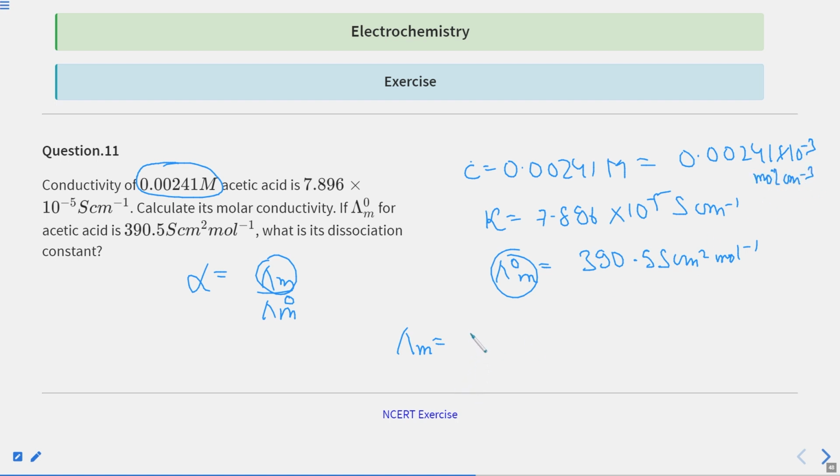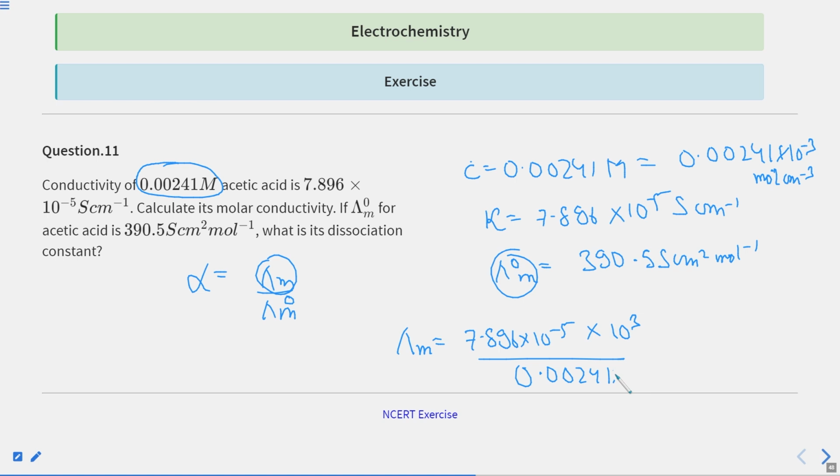So 7.896 into 10 to the power minus 5 multiplied by 10 to the power 3, divided by 0.00241. So 7.896 is divided by 0.00241.